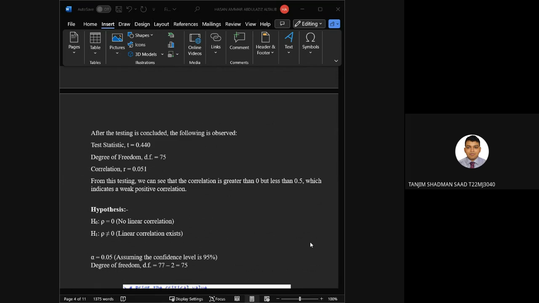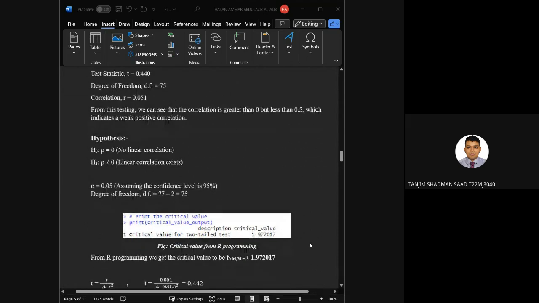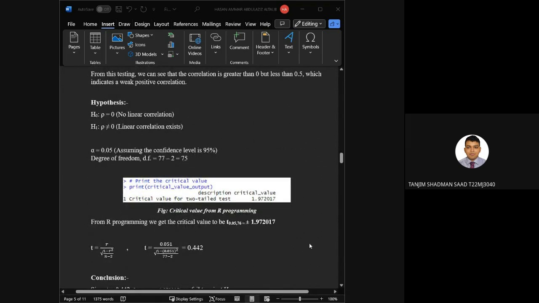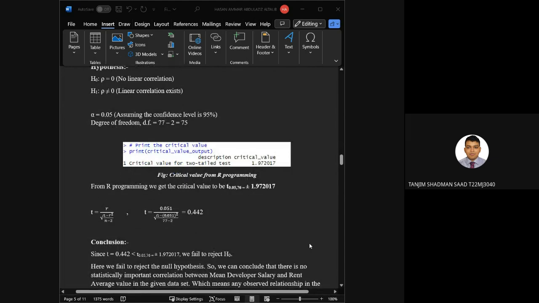Now if I talk about the hypothesis, let's take the hypothesis rho equal to 0 as the null hypothesis, and rho not equal to 0 as H1. Rho not equal to 0 means there is linear correlation, and rho equal to 0 means there is no linear correlation.